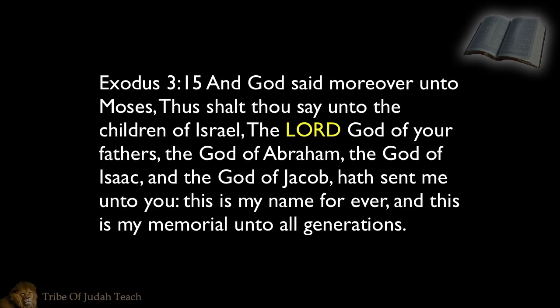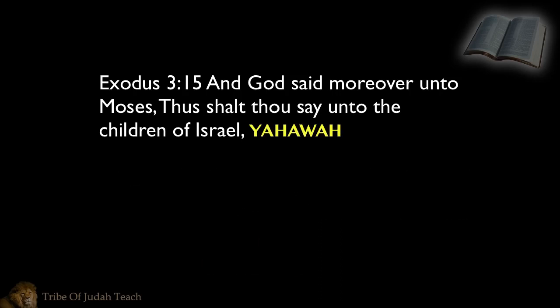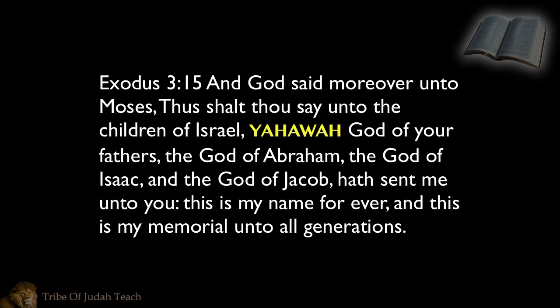Stop. Let's look at this in the Hebrew. Here it is. Notice where the word Lord is in the English. The Hebrew says Yahweh. It doesn't say Ehyeh. It says Yahweh. Yahweh, God of your fathers, the God of Abraham, the God of Isaac, and the God of Jacob have sent me unto you.